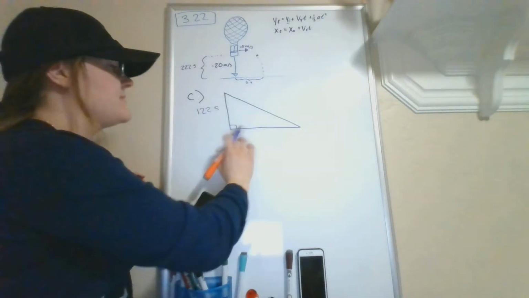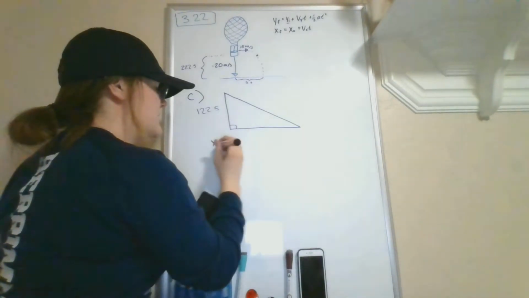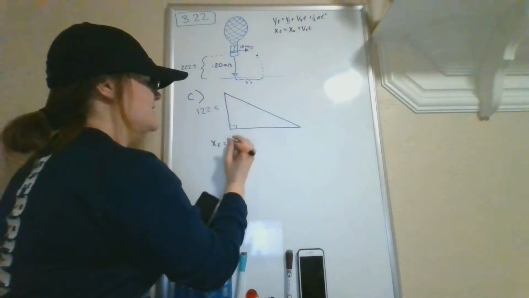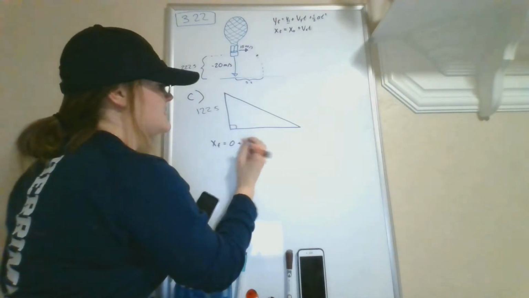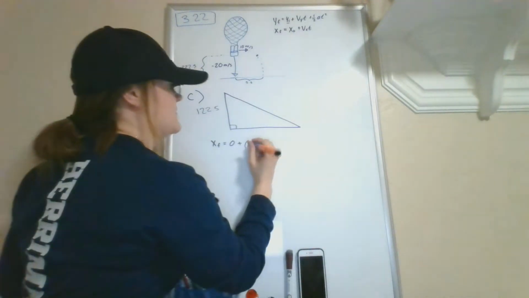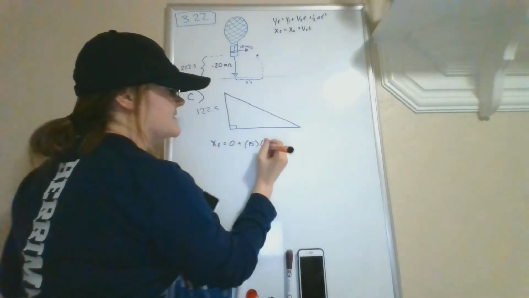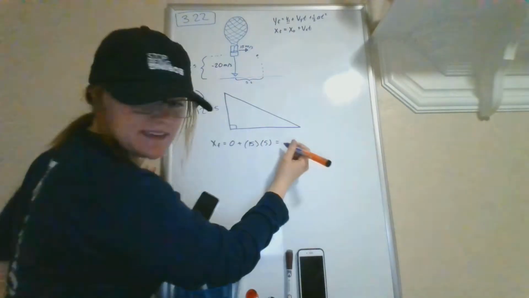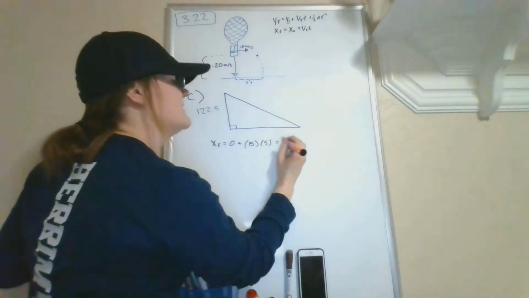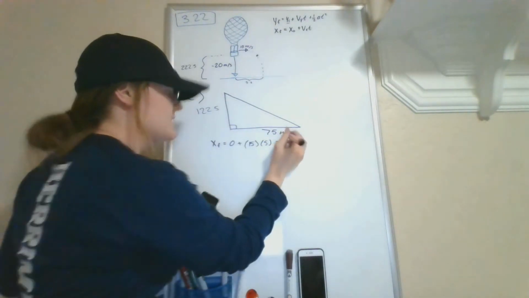To find this x distance, we're going to use this equation. xf, which is what we're looking for, is equal to the initial position, which is just 0, plus the initial velocity in the x direction of the rock, which is 15 meters per second, and it travels for 5 seconds. That gives us 75 meters.